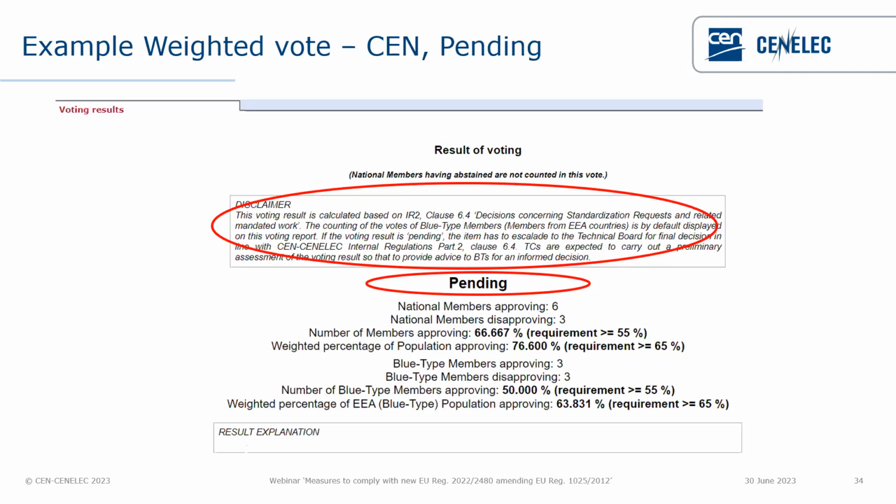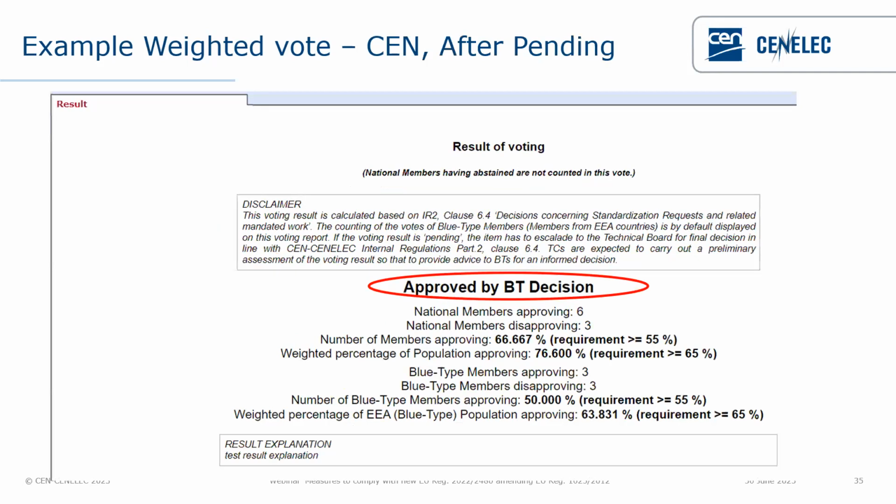You see that the number of blue type members approving is only 50%, while the requirement is 55%. So all members, yes. Blue type members, no. Then it's pending, and same as before, the matter is to escalate to CEN BT for a decision.